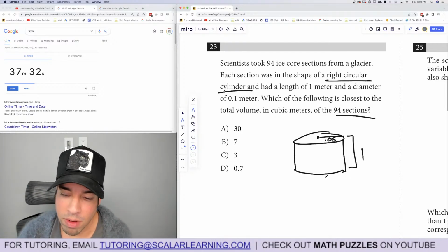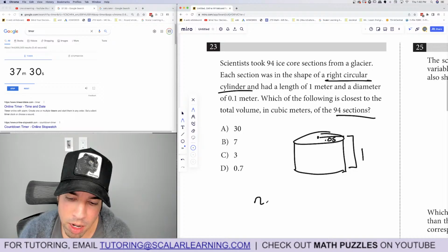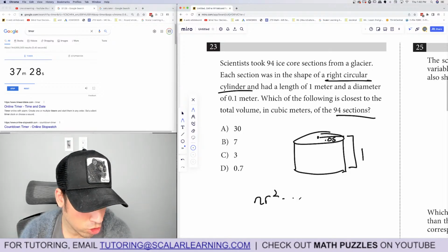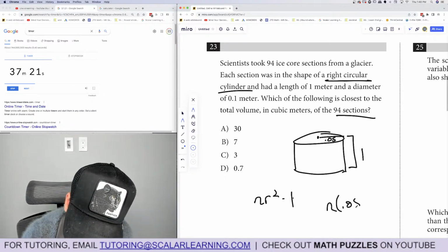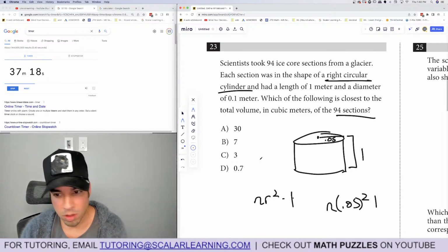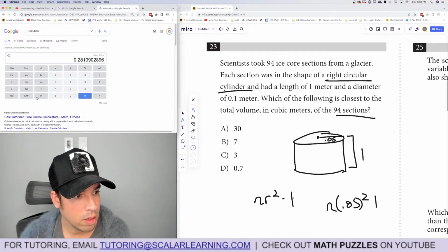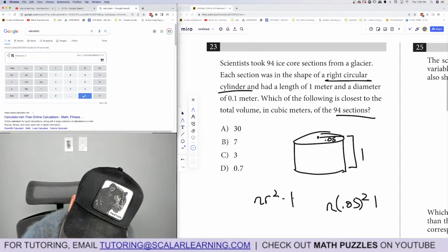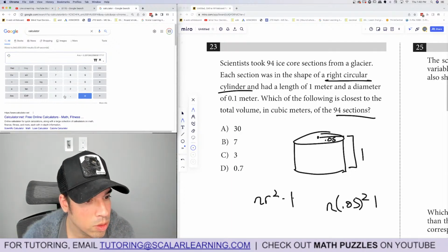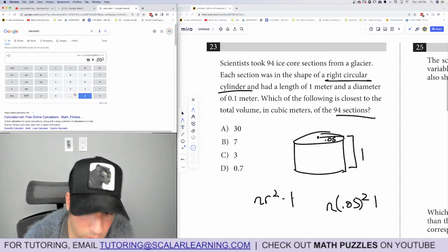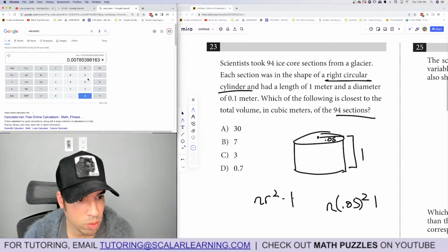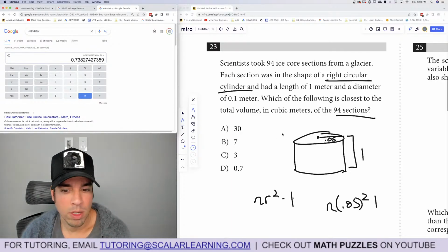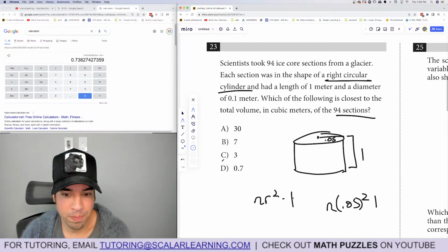So the volume of 1 is pi r squared times height, which is 1. And the radius is 0.05, so pi times 0.05 squared times 1. So that's one of them. And then to get the 94 sections, we multiply this by 94, and we get 0.7 approximately.